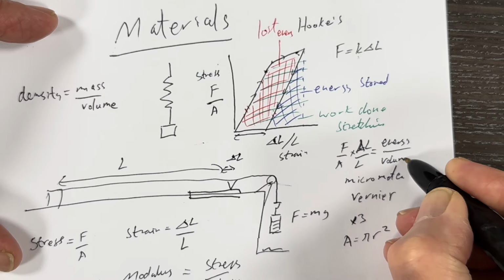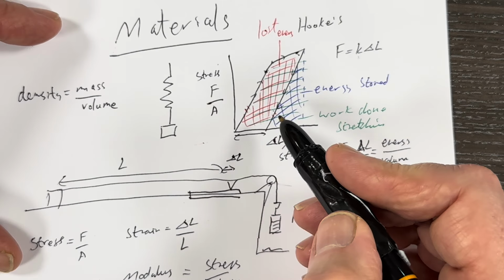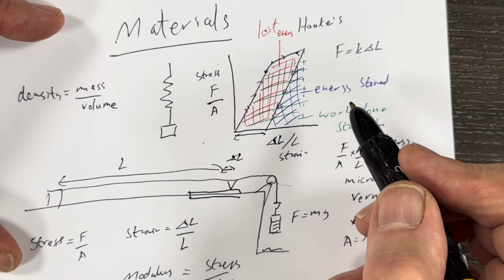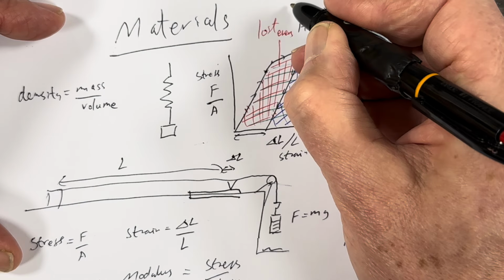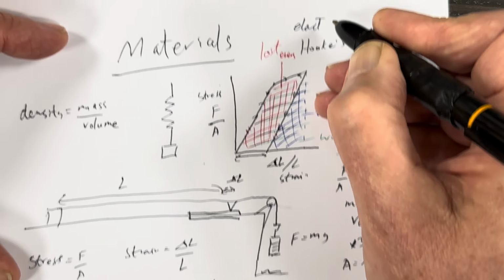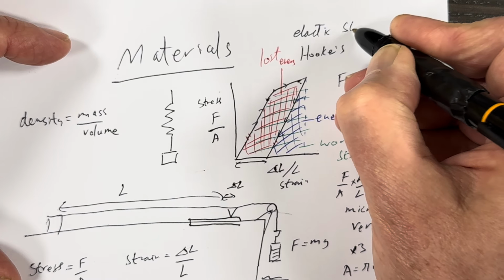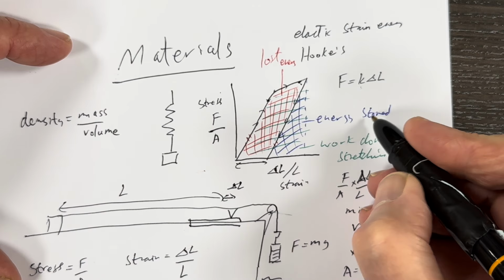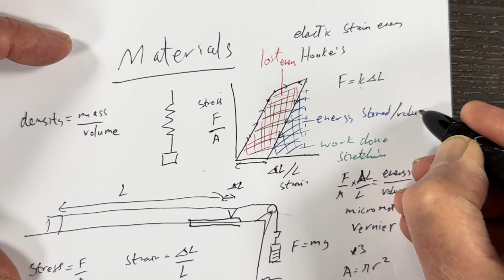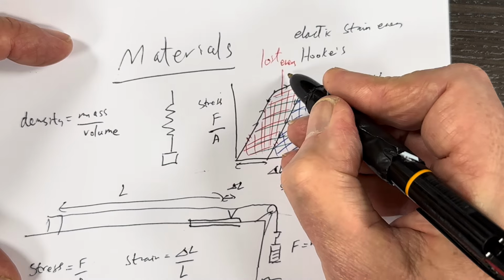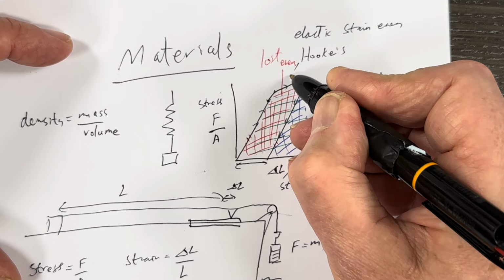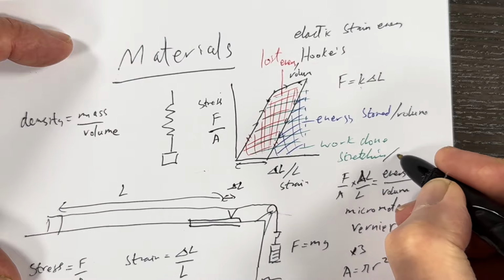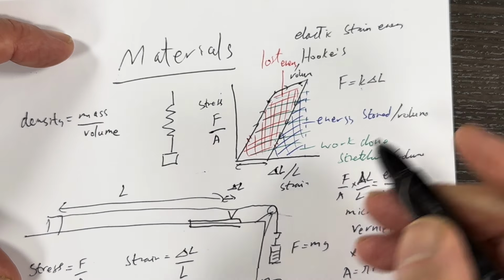So all these areas now become energy per meter cubed, or I think it's sometimes called elastic strain energy. So this becomes the energy stored per unit volume. This is the lost energy per unit volume. And this is the work done stretching per unit volume.